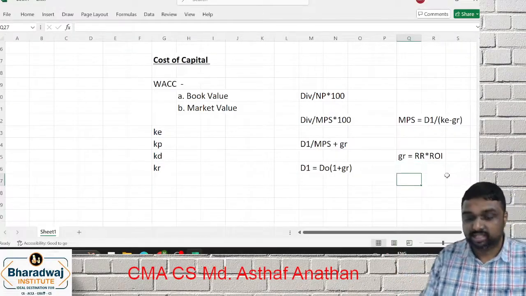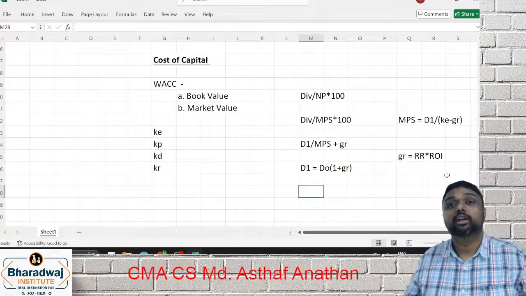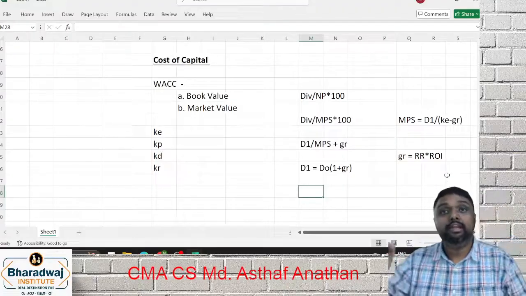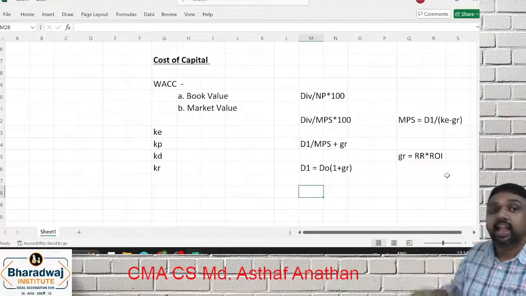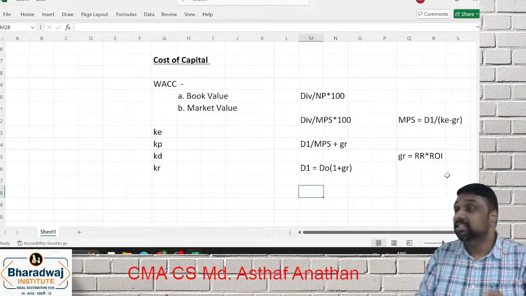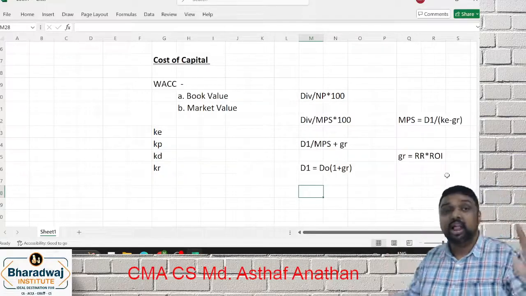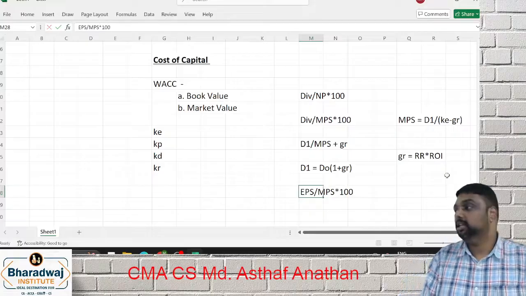After this, we discussed if no dividend is given, you can't find out the dividend directly. Sometimes the dividend payout ratio or retention ratio will be given, so we can find out the dividend. If nothing is given, then you have another formula. You will approach this if there is no dividend at all and you can't find the dividend. As a last resort only, EPS by MPS into 100.